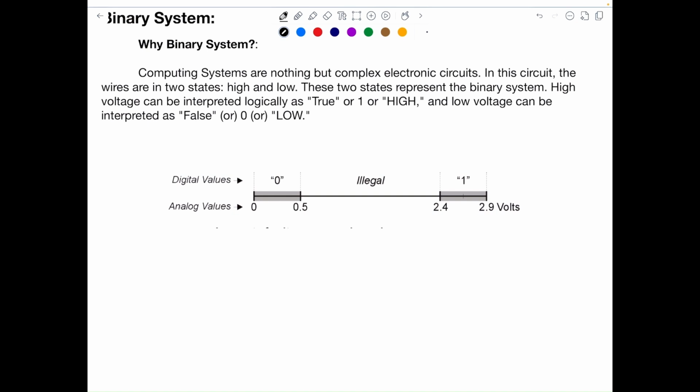That's what we are explaining here. Basically, it is just having two states. Another interesting thing to note, just for your knowledge, is that if this is 5 volt, we cannot exactly say that in the middle this portion is low and this is high.